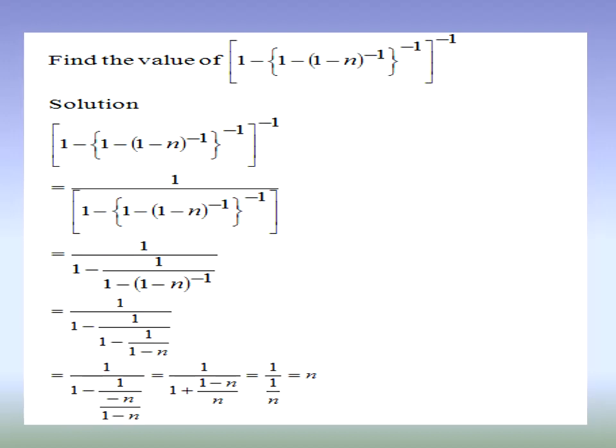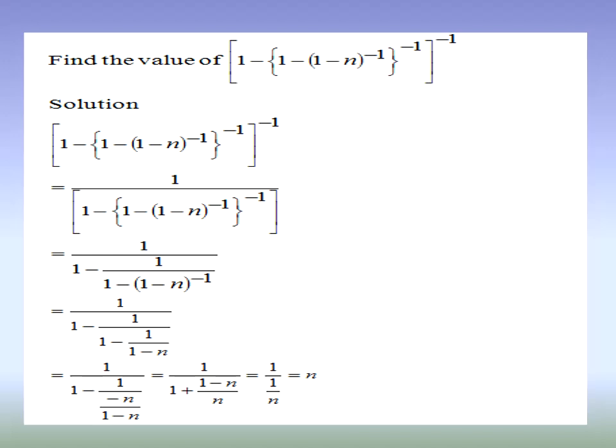Just check the solution. First, the whole to the power minus 1, that is outside on the third bracket, we can write, as we know that a to the power minus 1 you can write as 1 by a. So using this, we can write 1 divided by the whole thing.